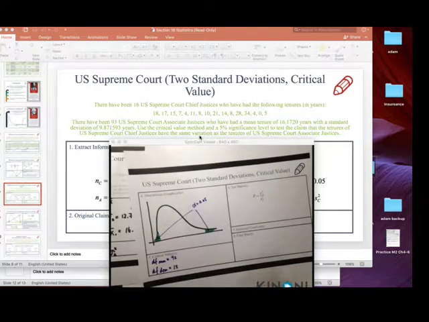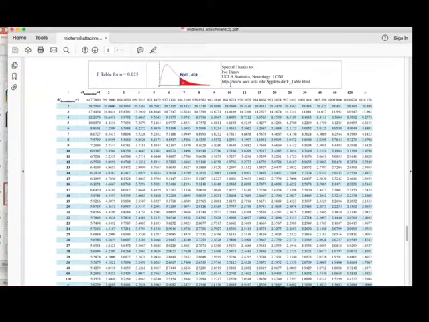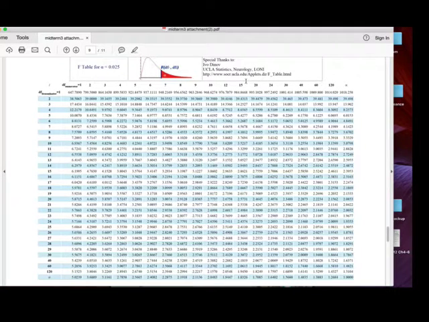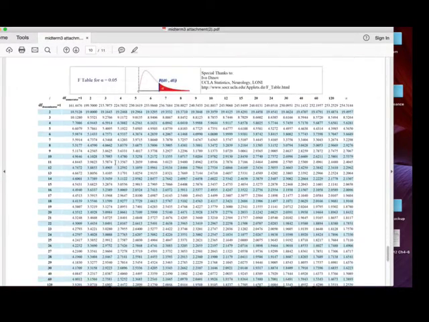So you're going to look at the F distribution table here. You should have 2 pages. The front page is for significance level 0.025, and the other one is for significance level 0.05.